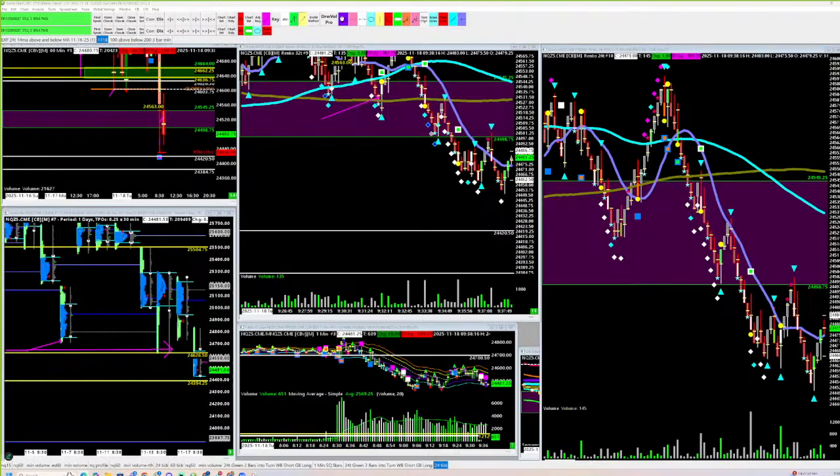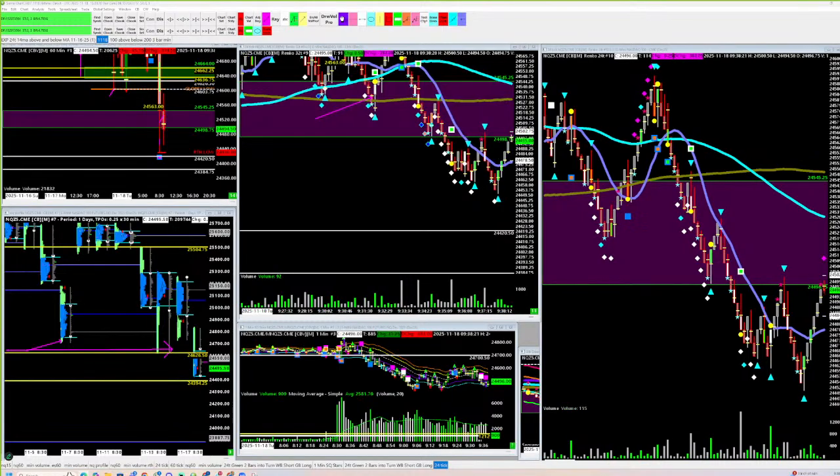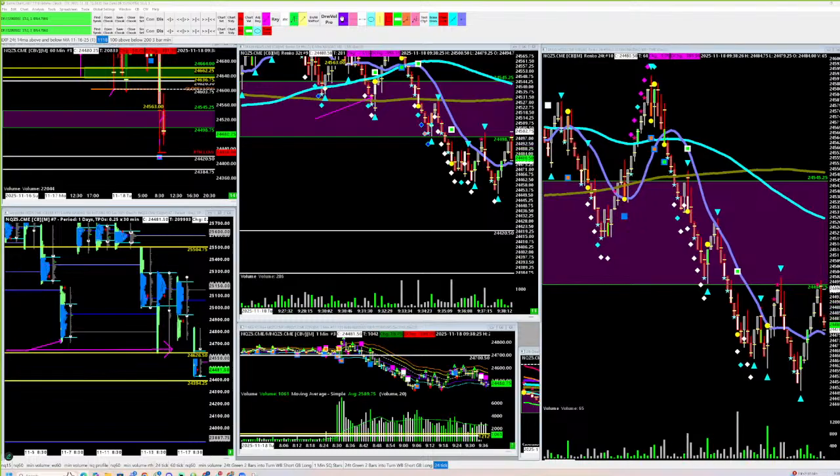Double green on the 32. Still needs above 545.